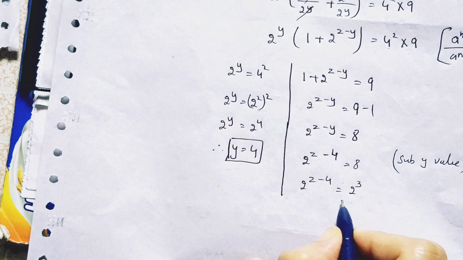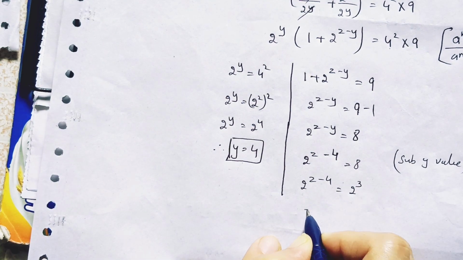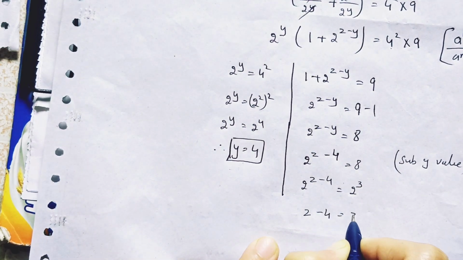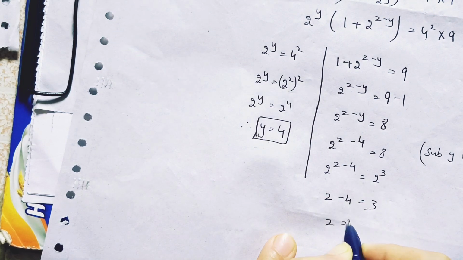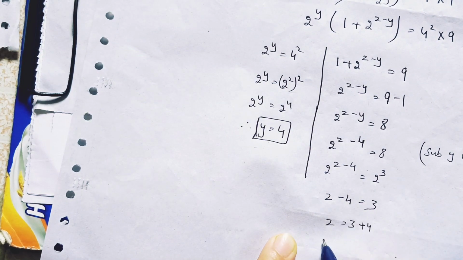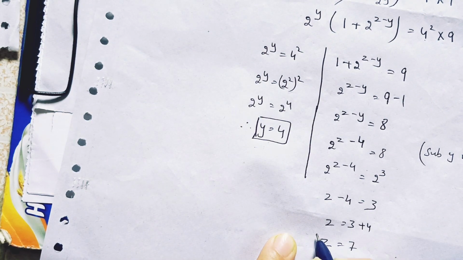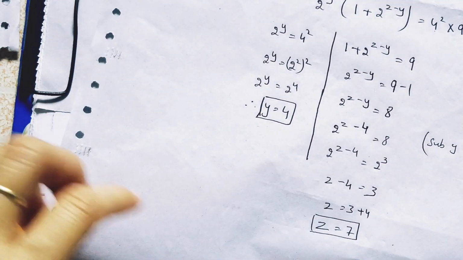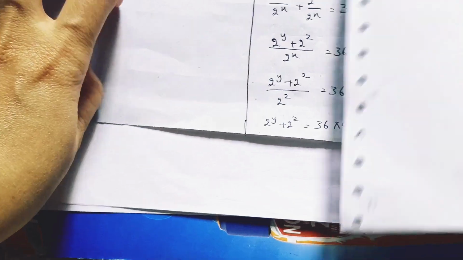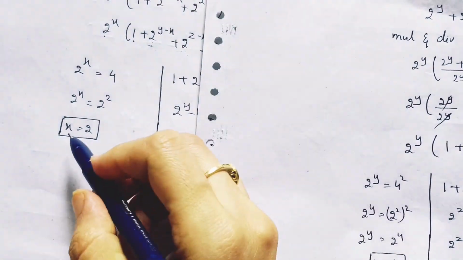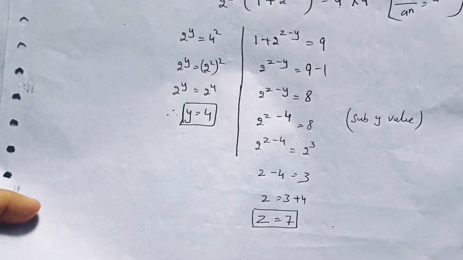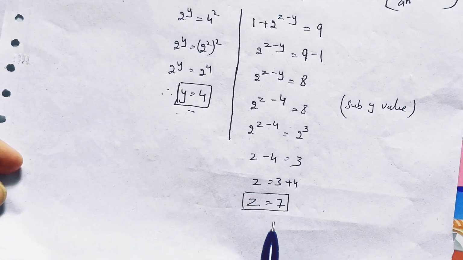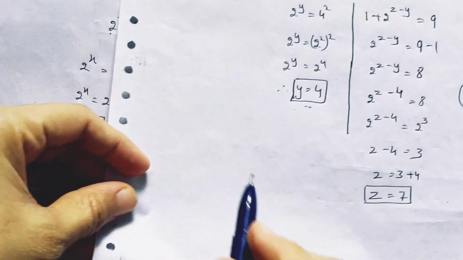As the bases are equal, powers should be equated. So z minus 4 equal to 3, z equal to 3 plus 4, z equal to 7. This is what we get as the value of z. Therefore, we get three values: x equal to 2 is one value, y equal to 4 second, and z equal to 7 third value.